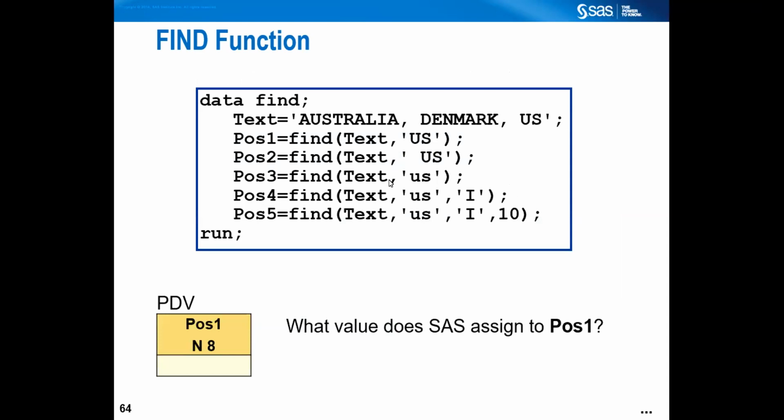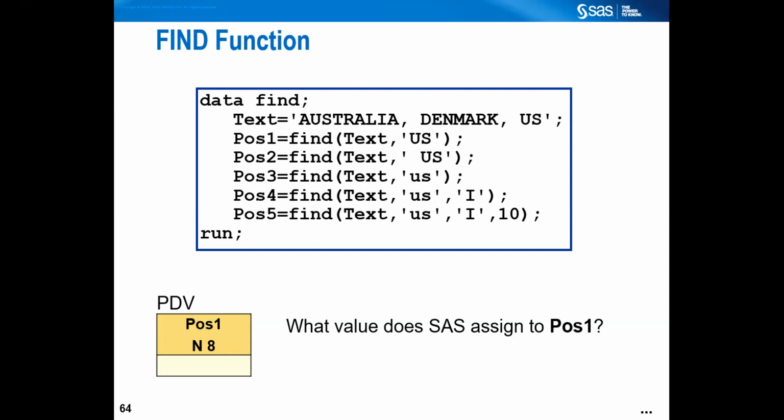Right. Now just understand this find function. Now you have your text, which is a character value. You're giving this character variable a value. It's character, hence you put it into quotes. So it's in uppercase: Australia, comma, space, Denmark, comma, space, US. So this is your text value.